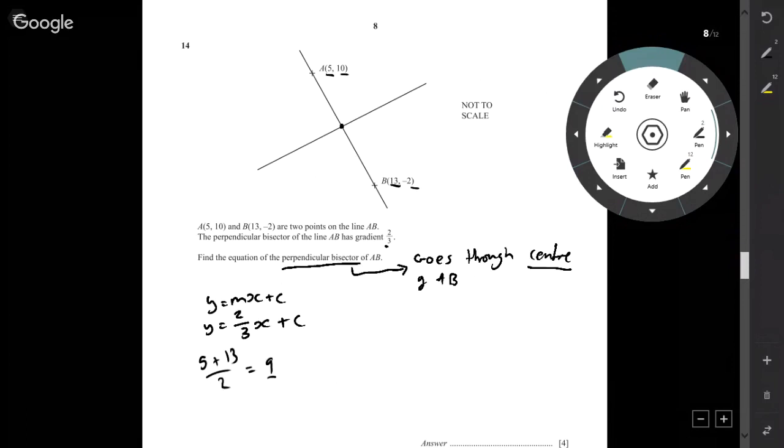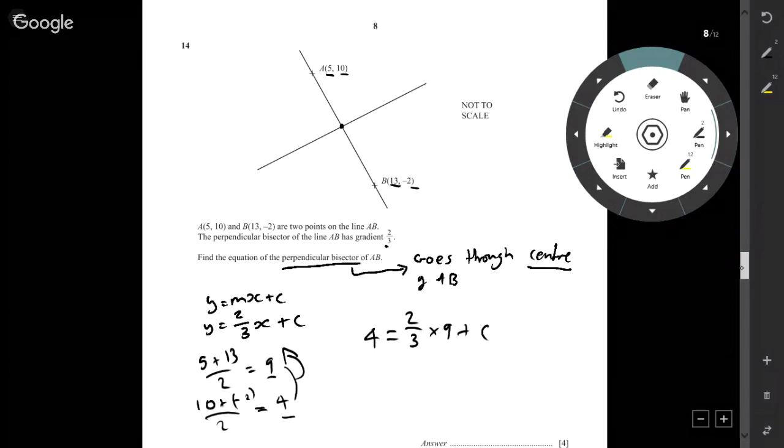To find our y coordinate, we do the same: 10 minus 2 over 2, which equals 4. So then we simply substitute these two into this equation to find c. So y, 4, equals 2 over 3 times 9 plus c.